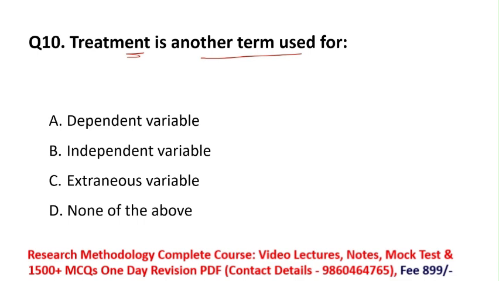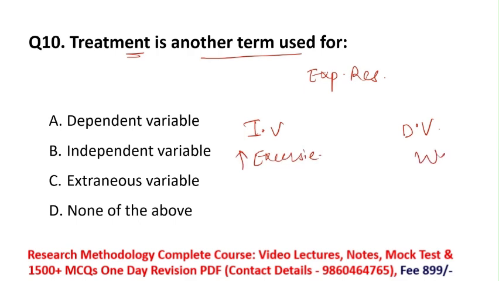So remember, as you all know, in experimental research, researchers find out whether the independent variable is showing some effect on the dependent variable or not. Let's take one very easy example. If I am doing exercise daily, then what will happen to my weight?